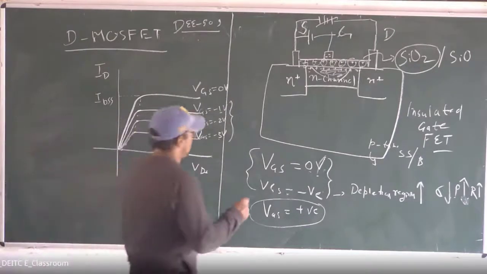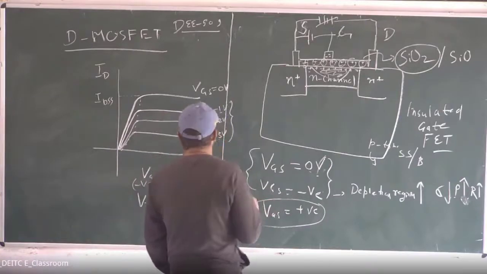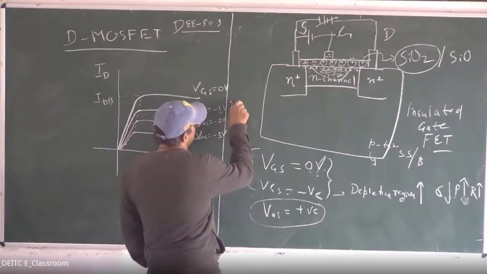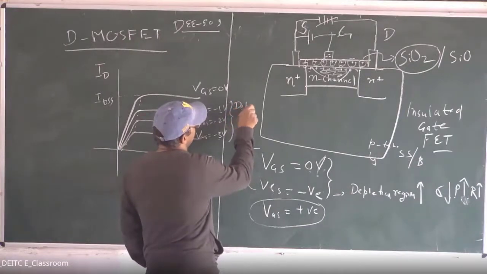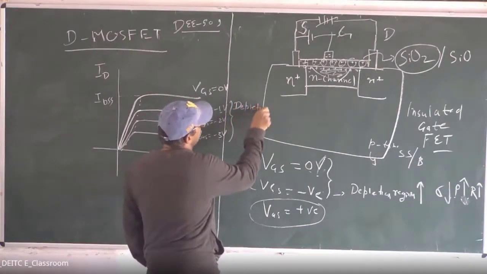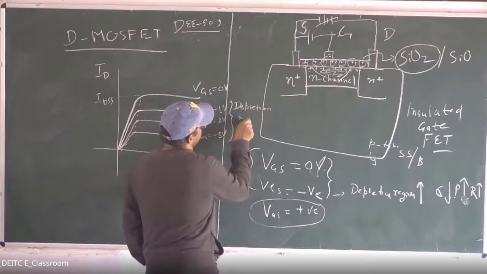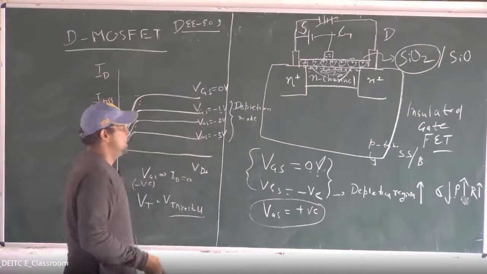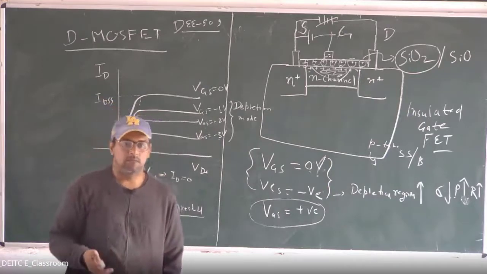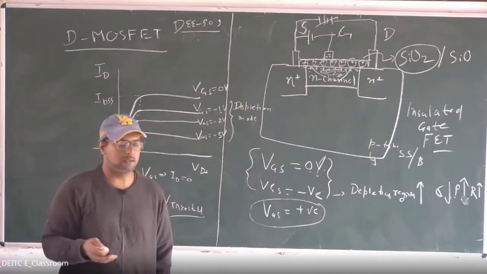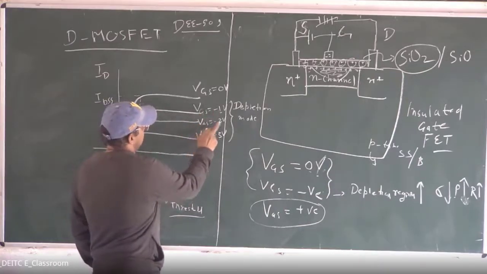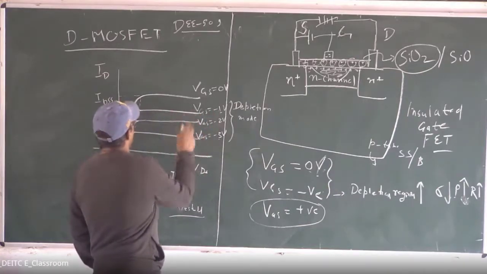Okay, so now one more thing to define: this mode of this D MOSFET is called the depletion mode. What is this depletion mode? When I am decreasing VGS, negative 1 volt, negative 2 volt, then my IDS is decreasing from IDSS.